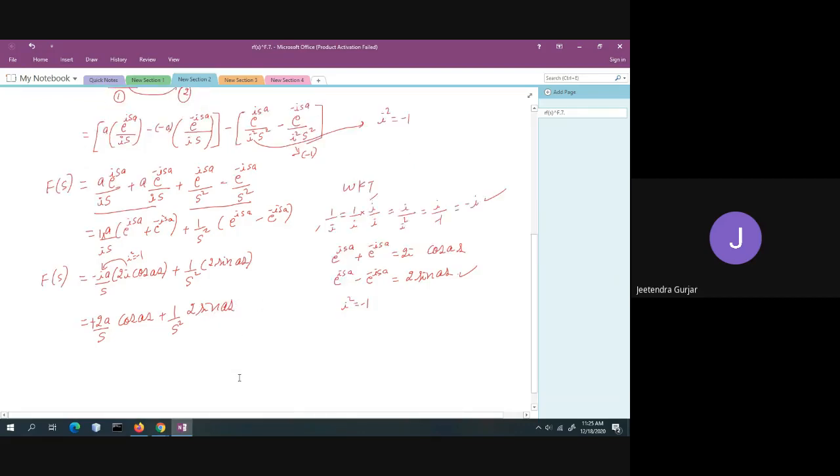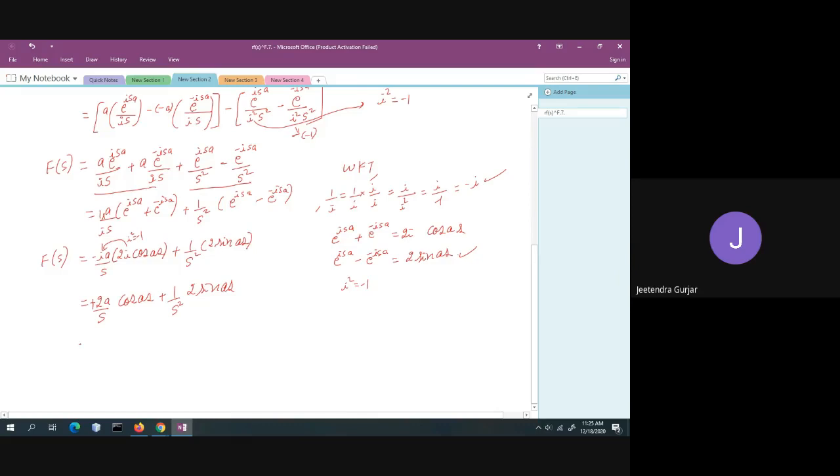Is it clear? So now you can see again what are the common things. I will take 2 outside, and if possible I will take s square outside. So I have to multiply here s and divide by s. So this will become s square. So what will remain? This will become sa cos as plus 2 sin as; sorry, 2 is taken outside.